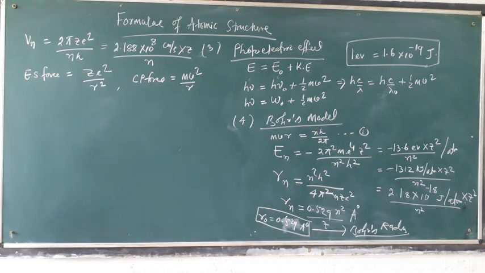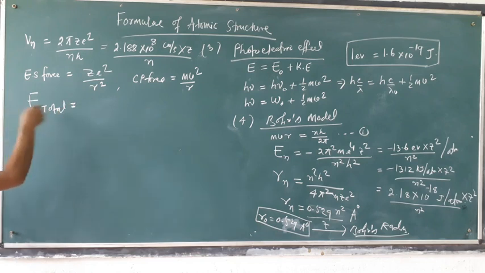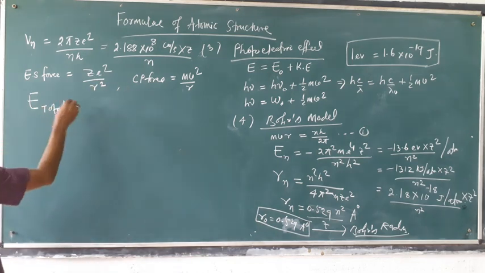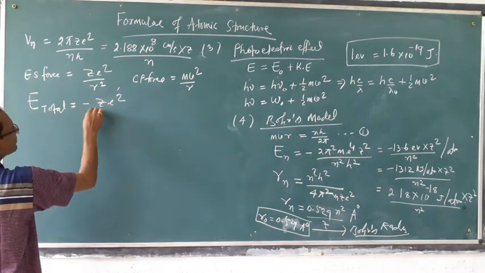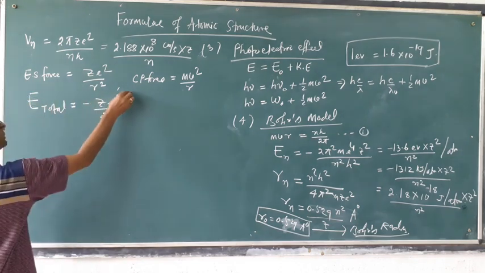Then if you calculate the total energy, E total, by putting this value and converting to Z square, it is equal to minus Z square by 2R. It's very important.